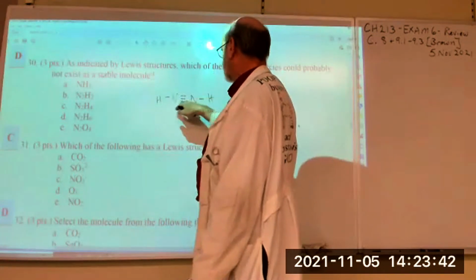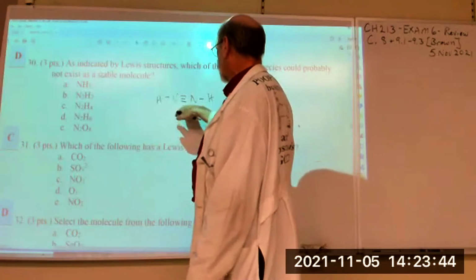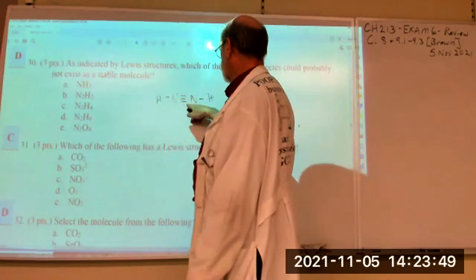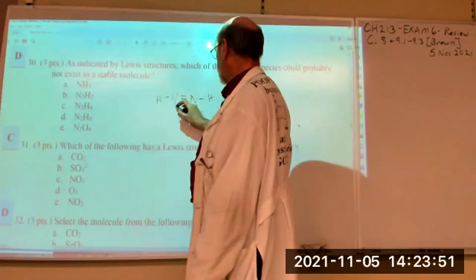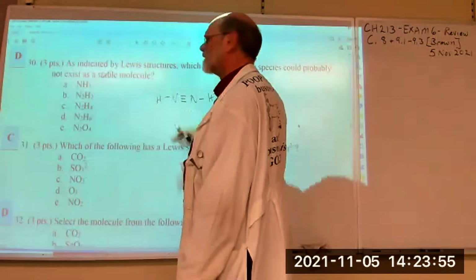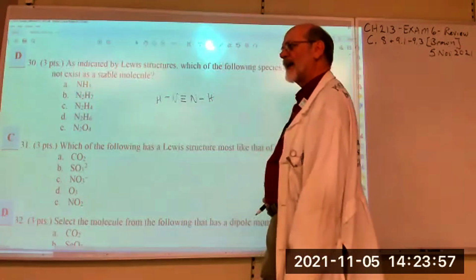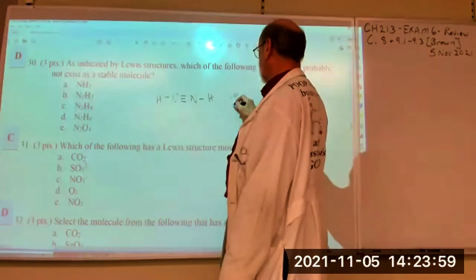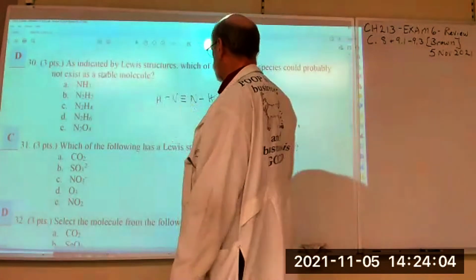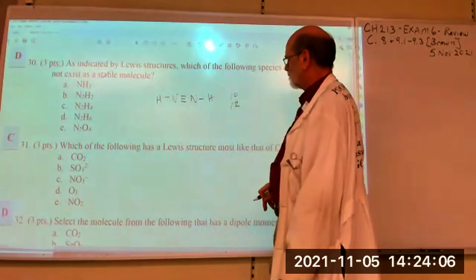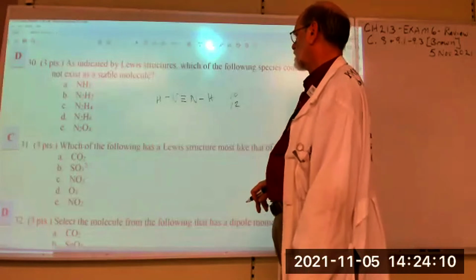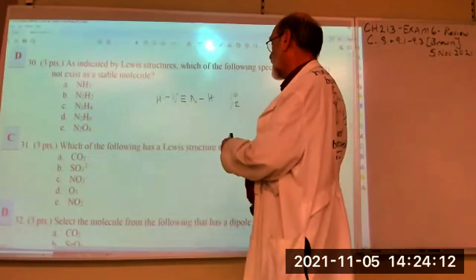That's 5. 10 and 2 is 12. 2, 4, 6, 8, 10. And then we would have maybe 1 here and 1 here. No, that's not right. Nitrogen is 5 each, so that's 10. 2 is 12. 2, 4, 6, 8, 10. I don't know how that one would be stable. It wouldn't have the right octet.